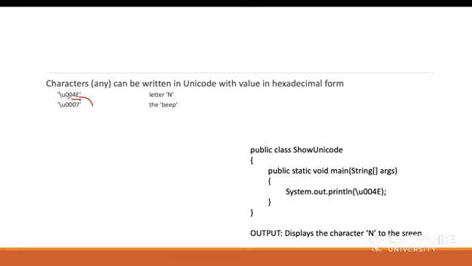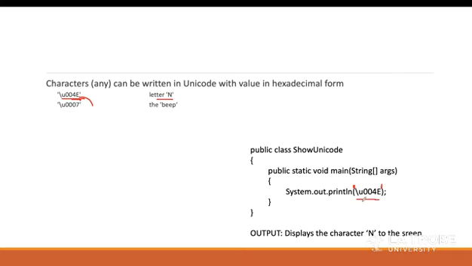Just as an example, this hexadecimal value corresponds to the letter N. So if you try to print it out, this is going to be inside the single quote. It's a mistake here. If you try to print out a letter N, then the Unicode character is this.